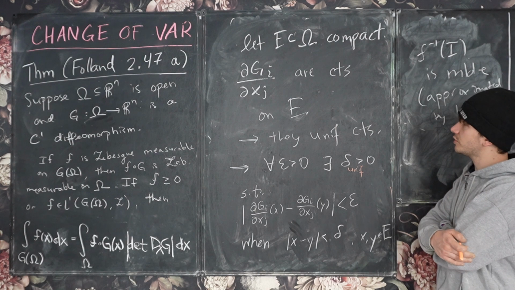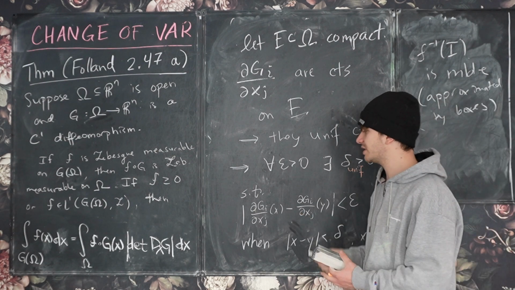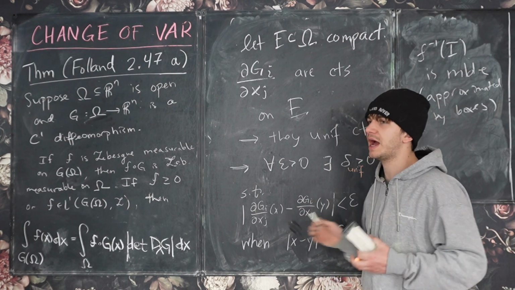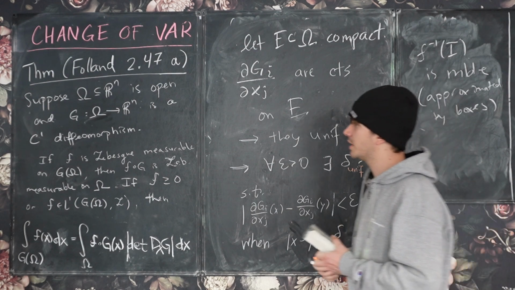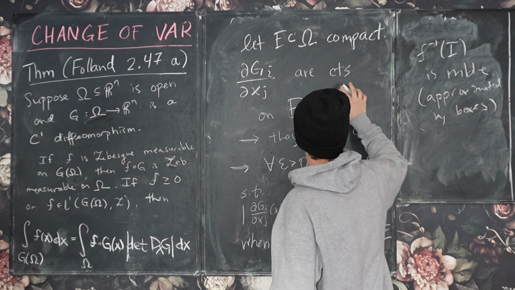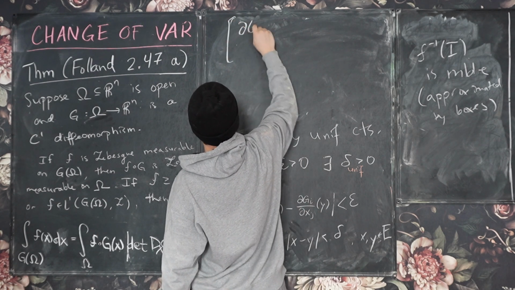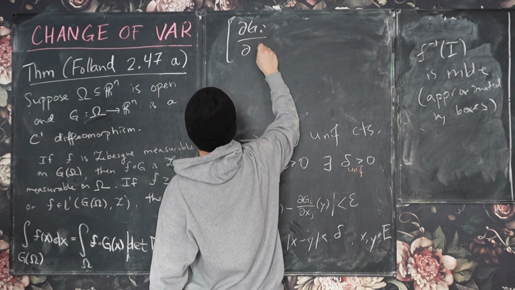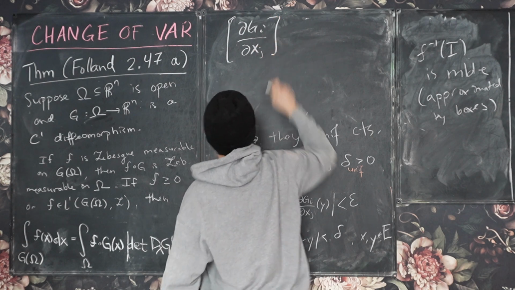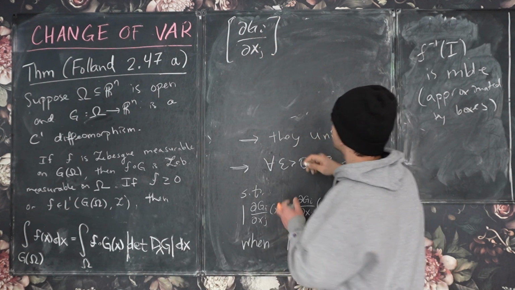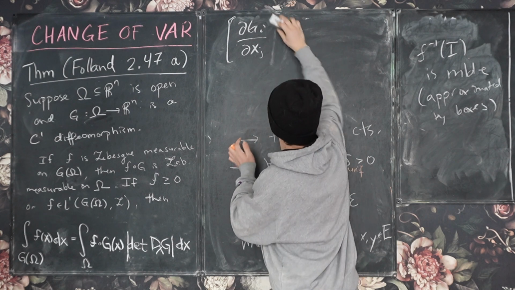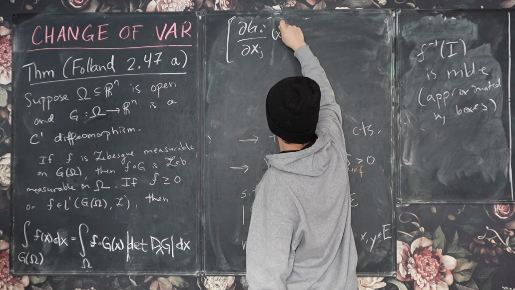I want to make a statement about the Jacobian matrix and how it changes in a small region. So this is the matrix partial Gi over partial xj. Now this matrix, of course, is evaluated at a point x in my domain.